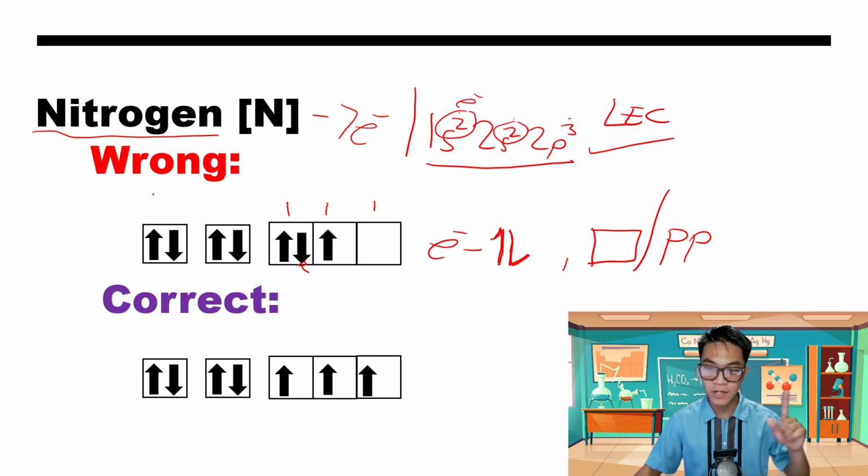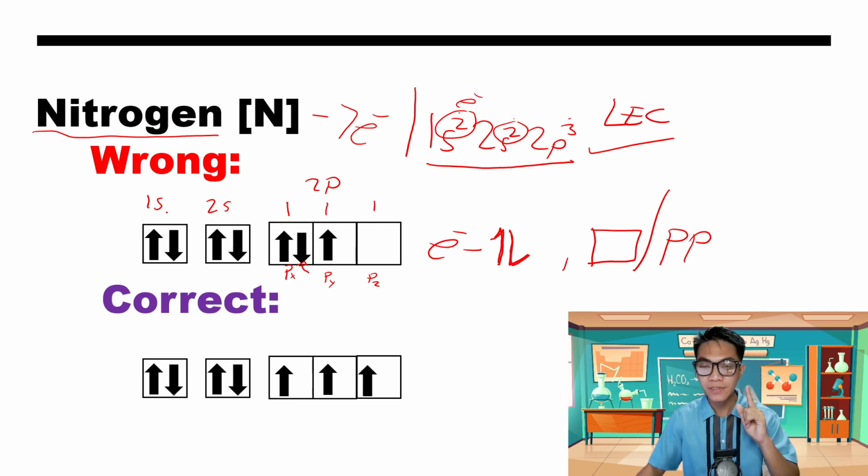To give you a graphical representation, this first orbital is the 1s, second is the 2s, and this is the 2p orbitals. Remember, the p has three orbitals. This is the px, py, and the pz orbital. Now, the next step is that we have to fill the orbitals with the electrons.